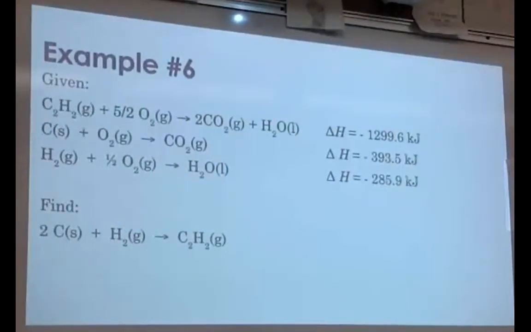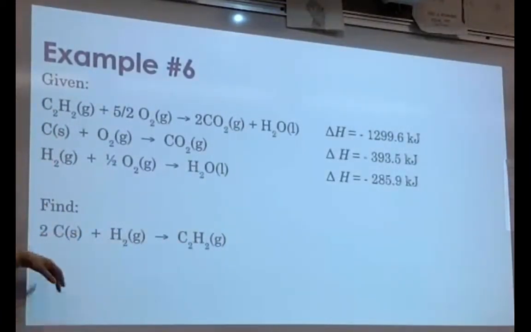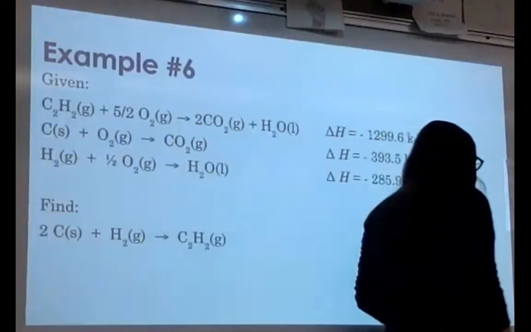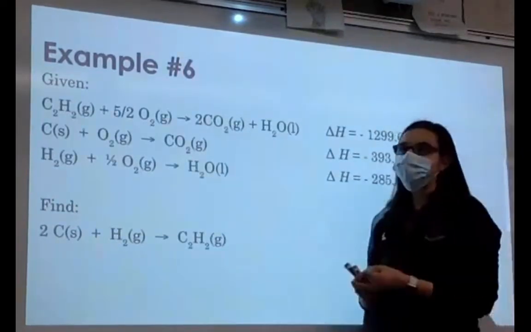So here's what I start with when I'm looking at Hess's law. Start by looking at this new equation that we need to get. So I need to manipulate these top three equations to get this new equation down here. Now you're going to notice that you'll have some reactants that are always present in all of these. Oxygen, hydrogen.